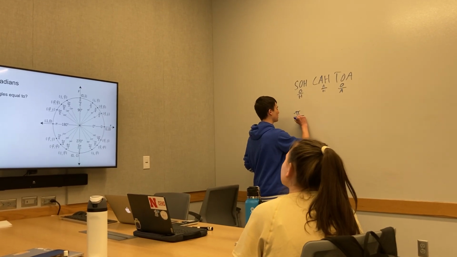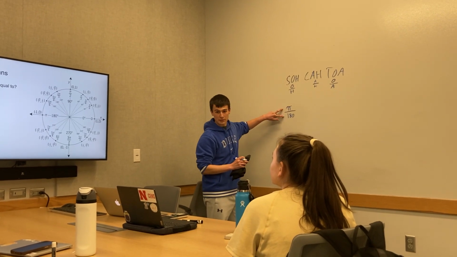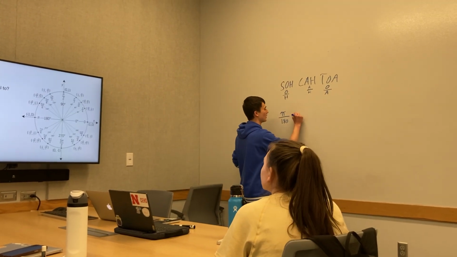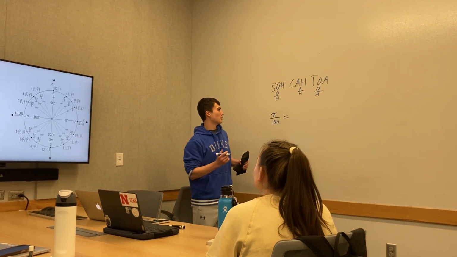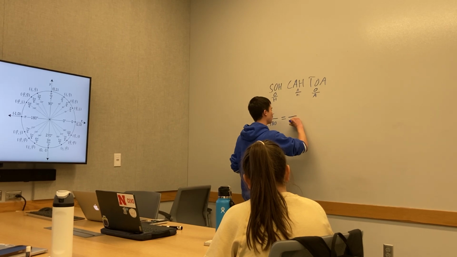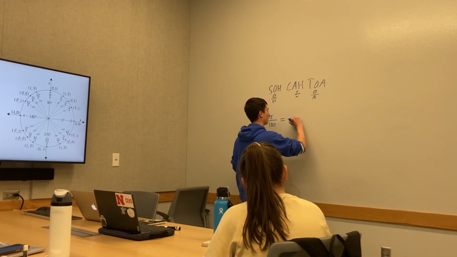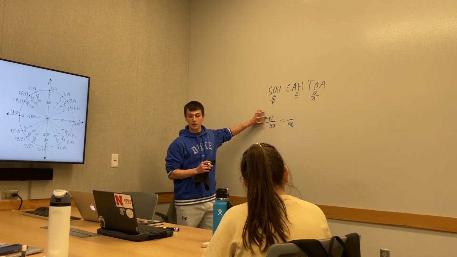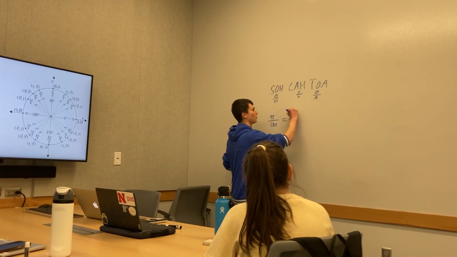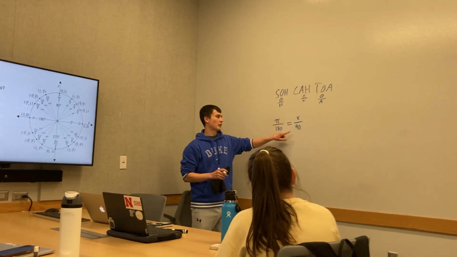If we use this proportion, pi over 180, because these two things are equivalent, and set that equal to, say we want to prove that 90 degrees is equal to pi over 2. This is called radians. We're looking for radians, and we have degrees on the bottom: 180, 90 degrees.